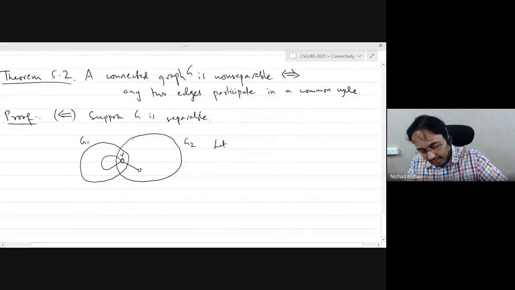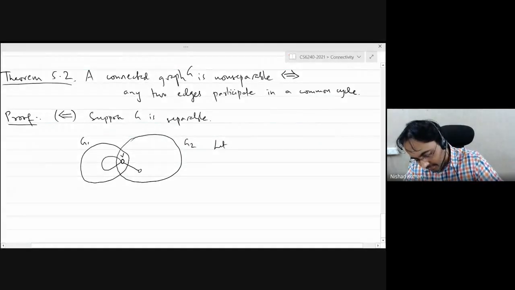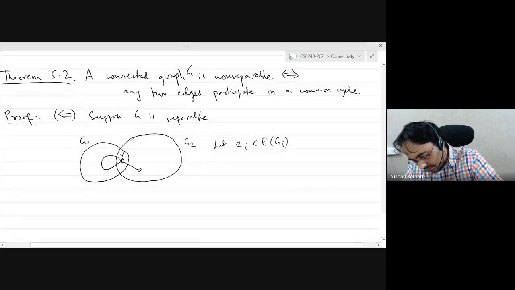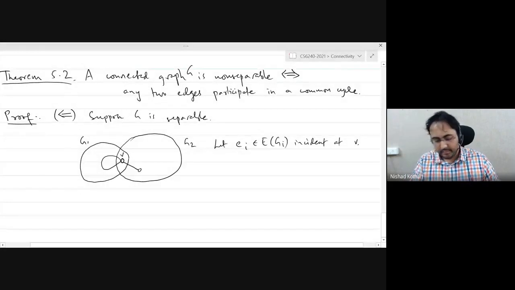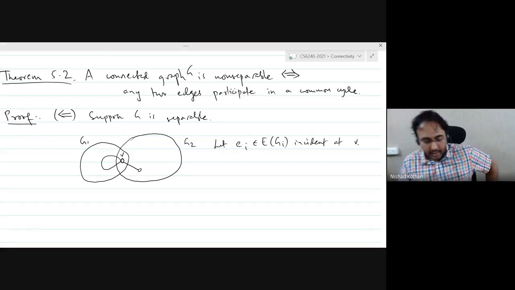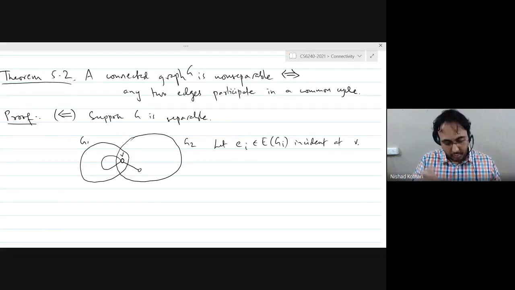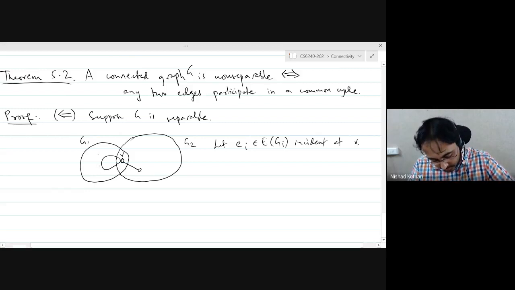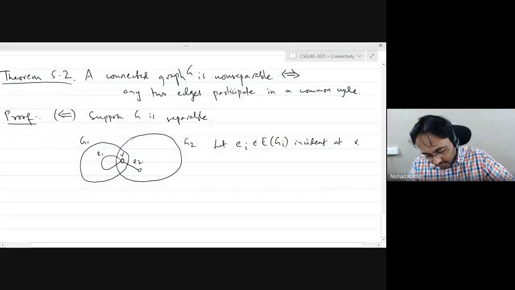So now, as per this modified definition, let Ei be any edge in Gi incident at vertex v. Because the graph is connected, you will find at least one edge incident at the vertex v in each of G1 and G2. Supposing one of them is a loop, then you are done.